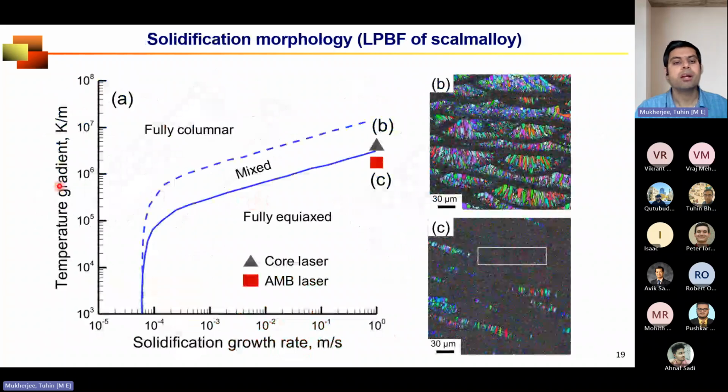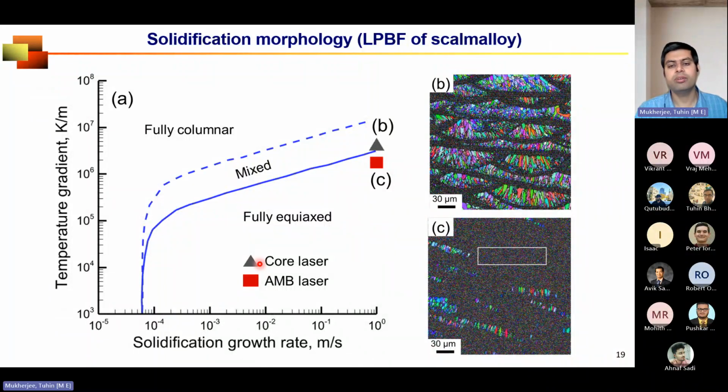How? Going back to my earlier slides, we all know that the formation of columnar and equiaxed grains depends on two factors: temperature gradient and solidification growth rate. Both these parameters you can calculate from the temperature field that we have already seen in the previous slide.